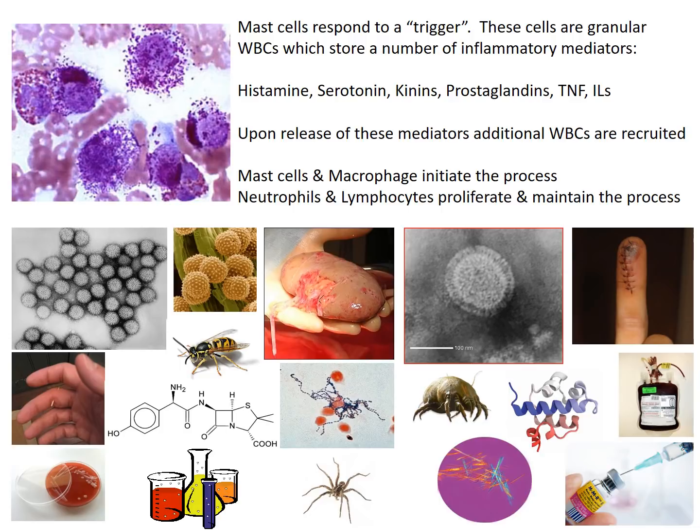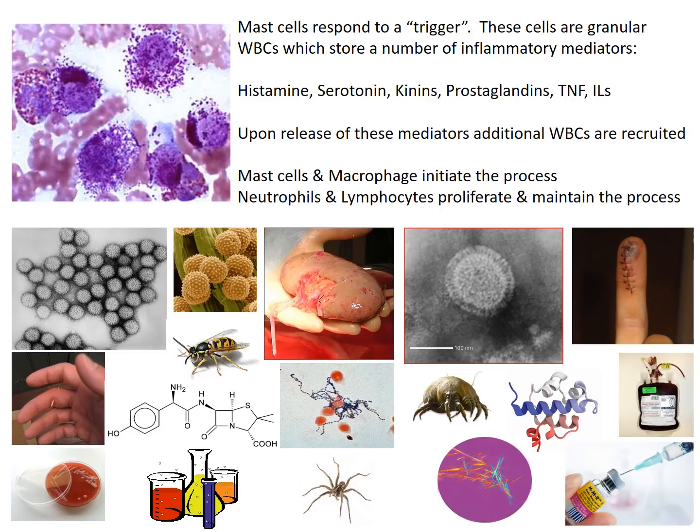But serotonin, kinins, and prostaglandins are other types of inflammatory mediators. TNF alpha, tumor necrosis factor, and interleukins are other, more complex inflammatory mediators. Those are protein inflammatory mediators, a little bit larger, made up of amino acids and peptides, versus the smaller molecules like histamine and serotonin.